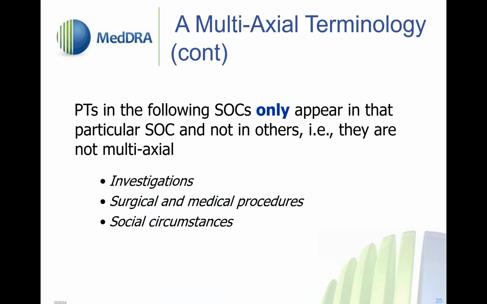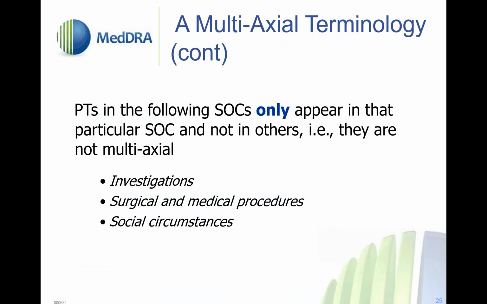Some system organ classes are not multi-axial. Some medical concepts and preferred terms exist in system organ classes where they only appear in that system organ class, and there are three of them: investigations, surgeries, and social circumstances.